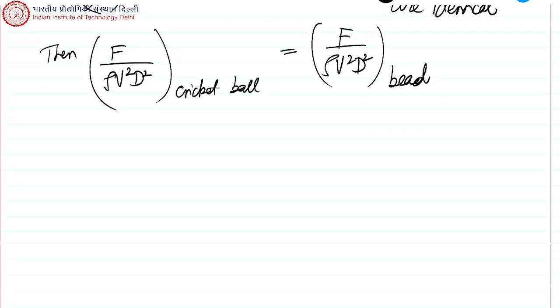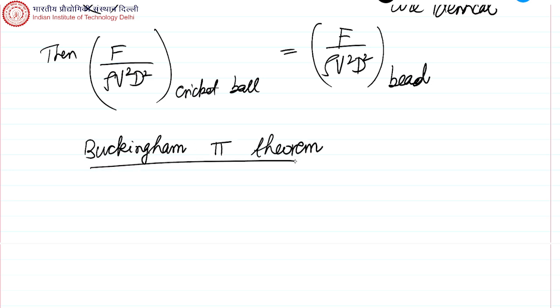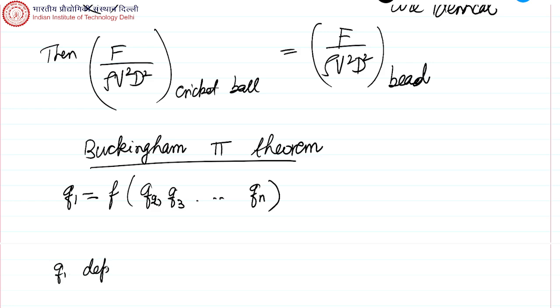So now, if we have a dependent parameter Q1, Q1 is the dependent variable.